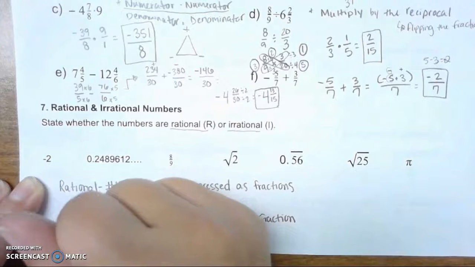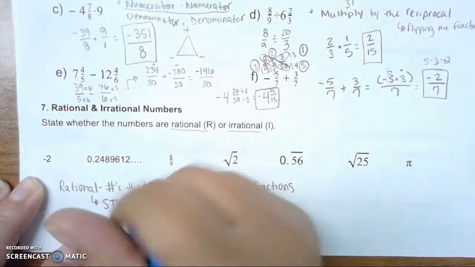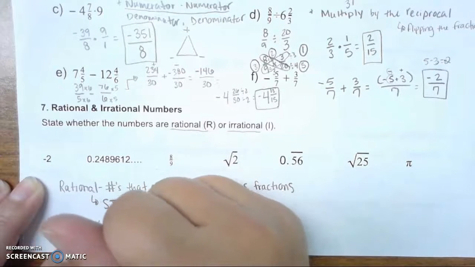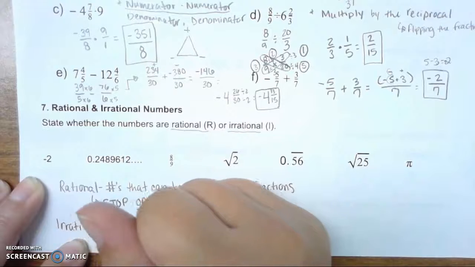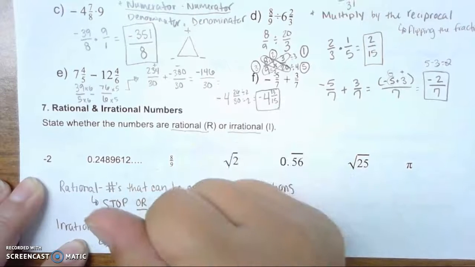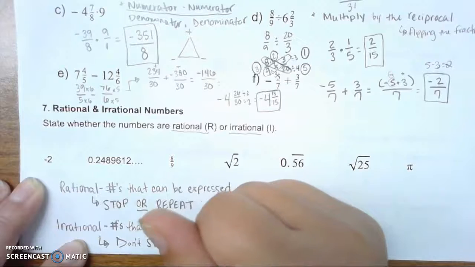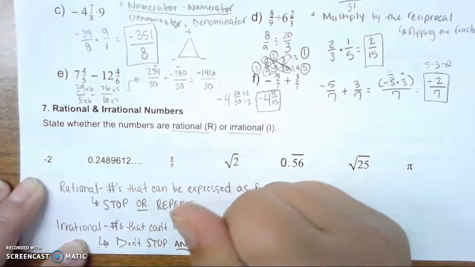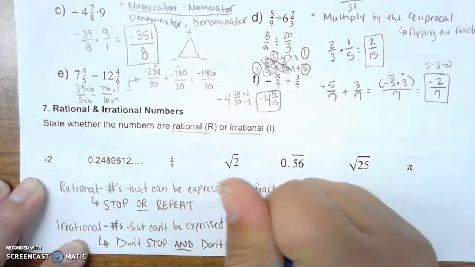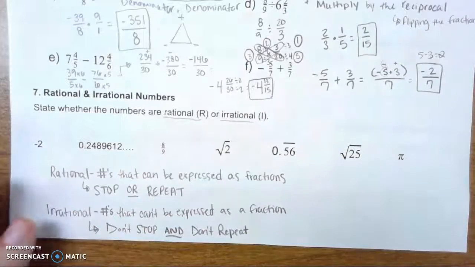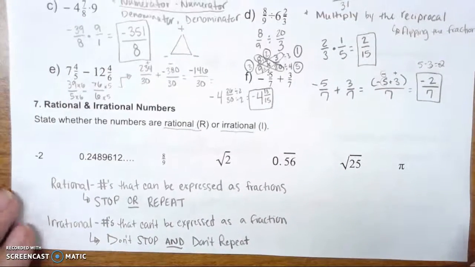Okay? Irrational numbers don't stop. And they don't repeat. So they don't stop and they don't repeat.